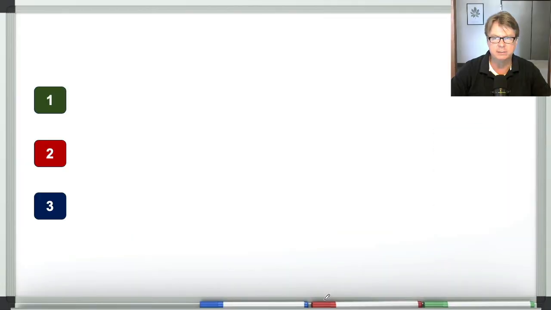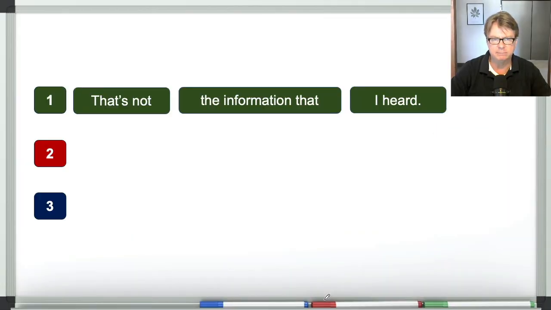All right, now we're going to go ahead and look at some grammar. So here are three statements, and we can see how we use the noun clause. So number one, we have, that's not the information I heard. You could also say, that's not what I heard. So here, this is an adjective clause, right? So you have a noun plus a relative pronoun. So it's also a relative clause. We just talked about relative clauses, but this type of relative clause we call an adjective clause.